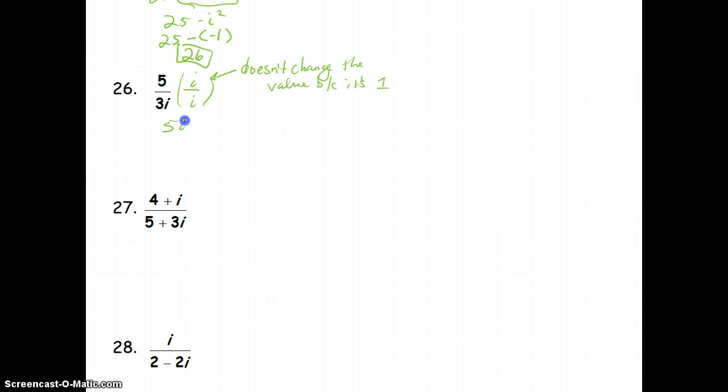At this point we have 5i over 3i squared. We know that i squared is negative 1, so we could rewrite this with a negative 1 instead of i squared, and now we have 5i over negative 3 as our final answer.